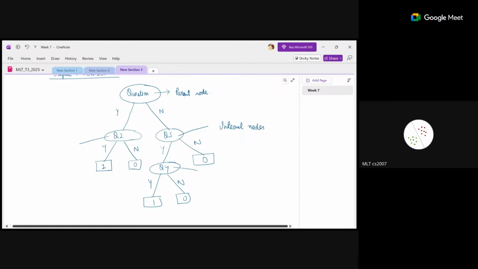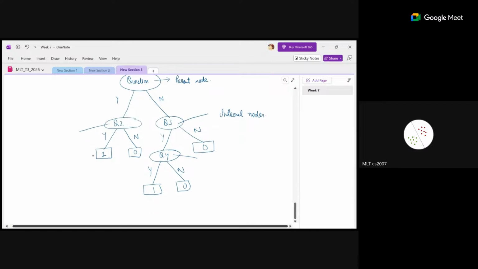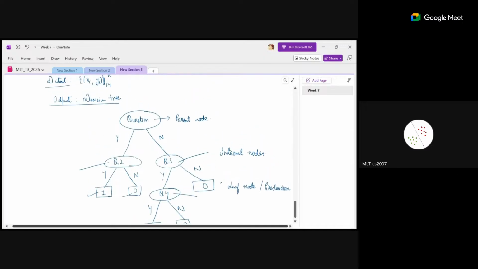And at the last, what you get, the ones you're seeing in the boxes, the predictions 1, 0, 1, 0, 0, whatever you get at the end, are called leaf nodes or predictions. So these are the terminologies.